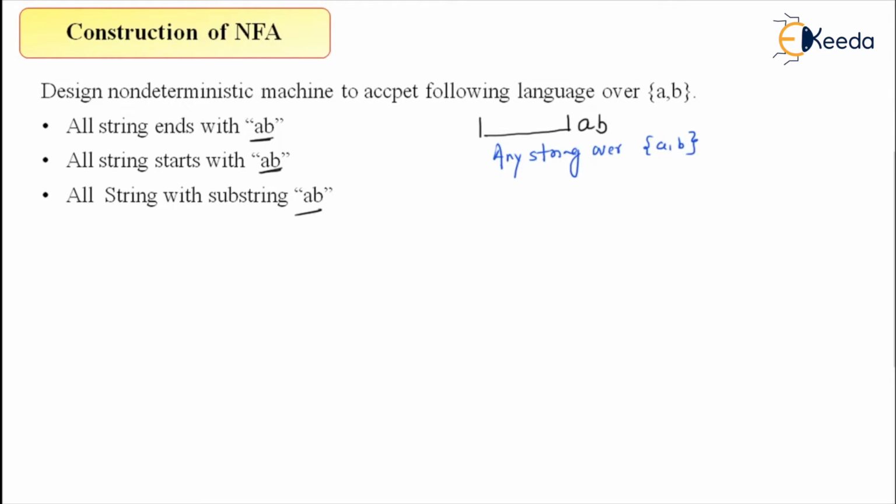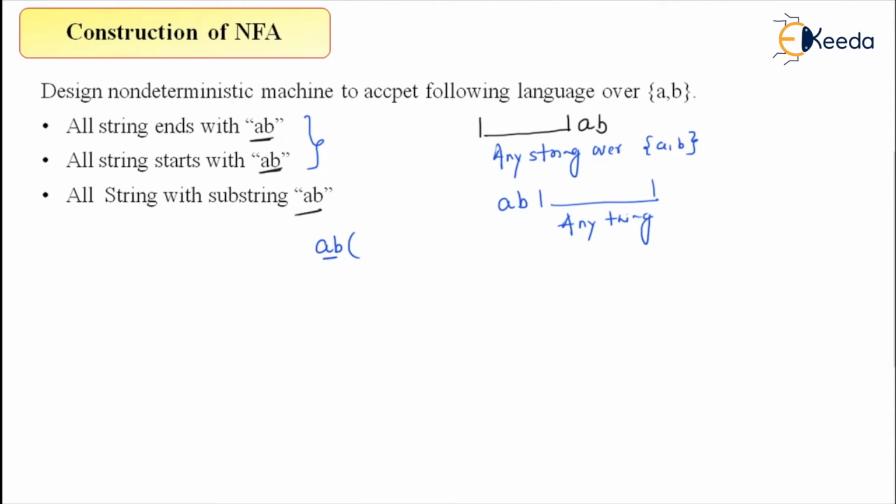Starts with AB. What is the pattern here? The first two alphabets will be A followed by B, and the later part again can be anything. The first two NFA designs impose restrictions on the position of AB, the ending position and the starting position, but the substring case does not impose anything. What is mandatory for the substring is that there should be an AB somewhere.